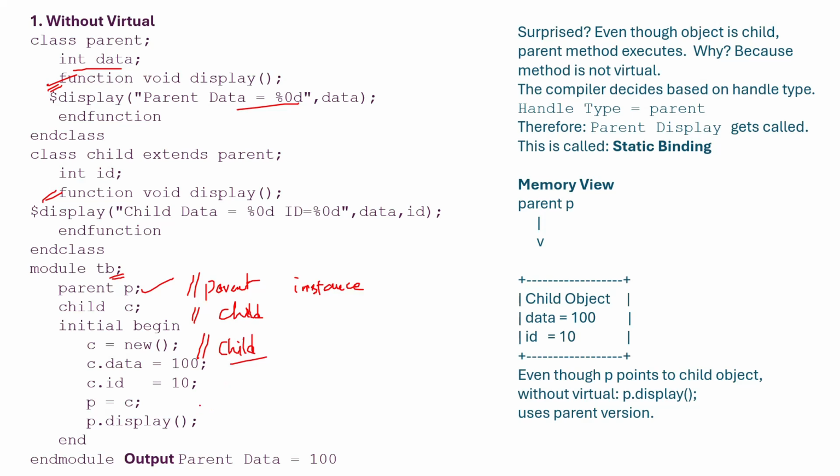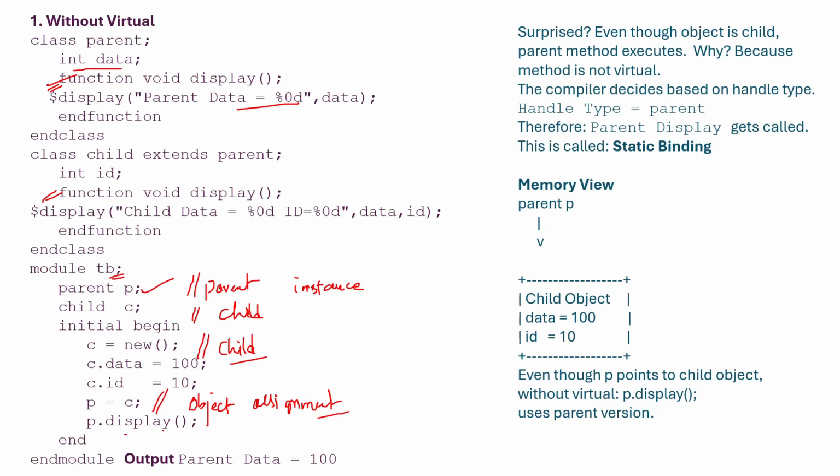Then what is the output you are getting? P equal to C means what? That is class assignment, right? So this is my object assignment.